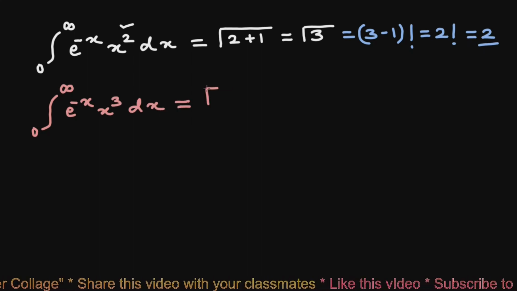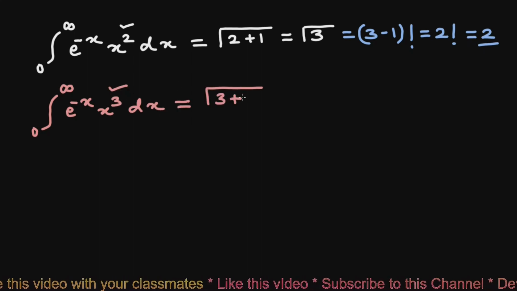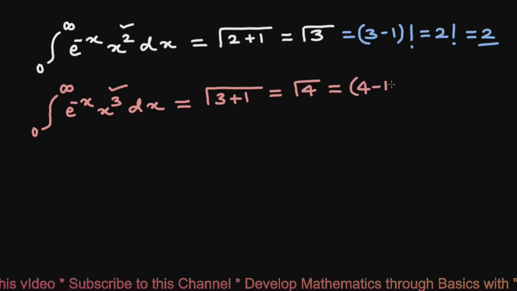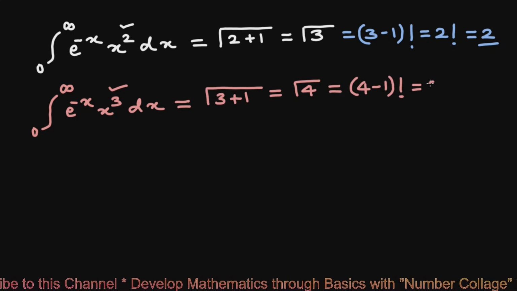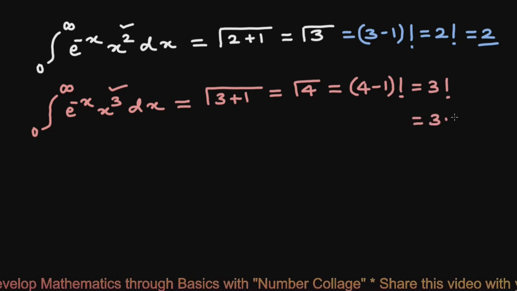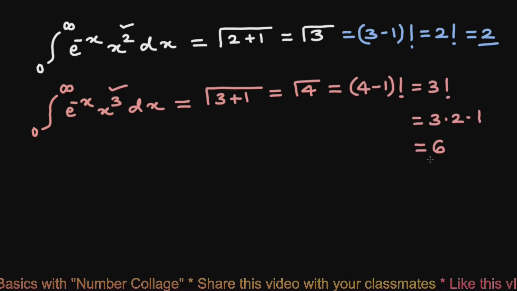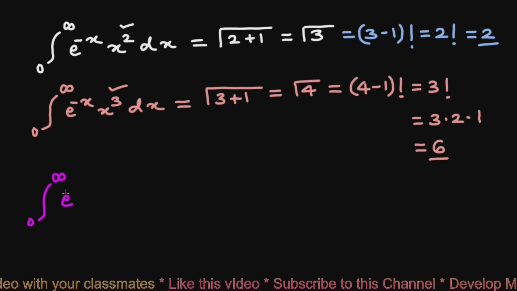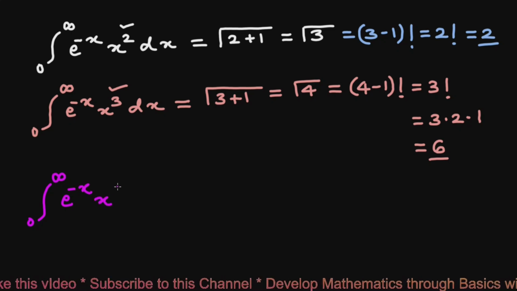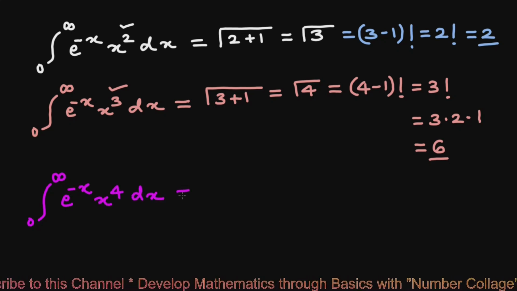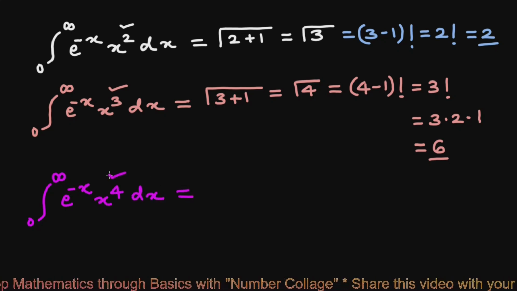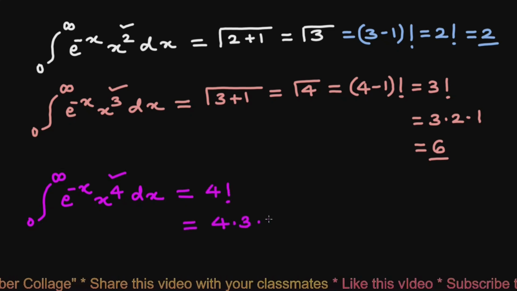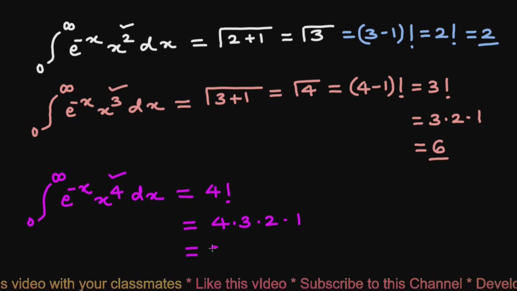It will be gamma of this 3 plus 1, gamma 4, but gamma 4 is 4 minus 1 factorial, 3 factorial, which will be 3 into 2 into 1, 6. What will be integral from 0 to infinity of e raised to minus x raised to 4 dx, which we can directly write as 4 factorial, which is 4 into 3 into 2 into 1, which will be 24.